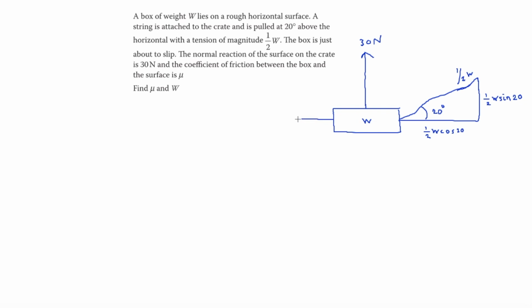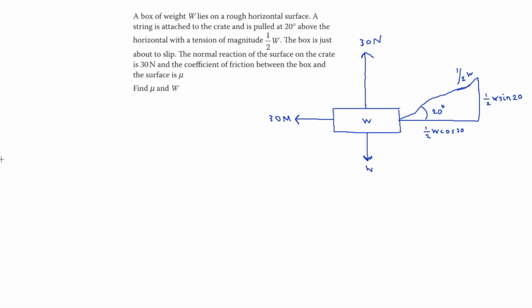So that means what we're going to have here is 30, because it's going to be the coefficient of friction times the resultant force, and we know the resultant force is 30 newtons. Going down, we have W. So we'll start off by working out what W is. We'll resolve horizontally and vertically.